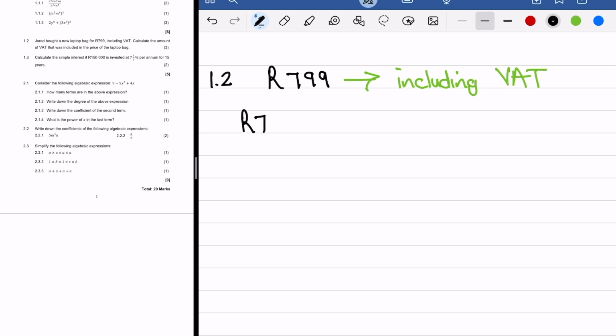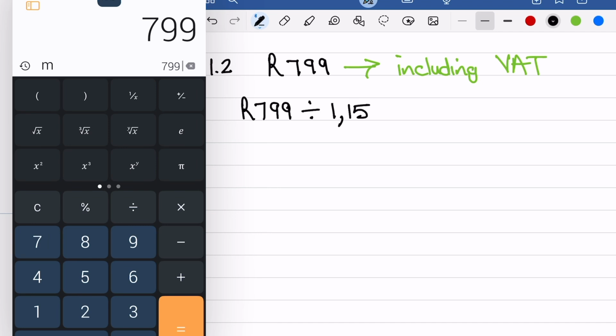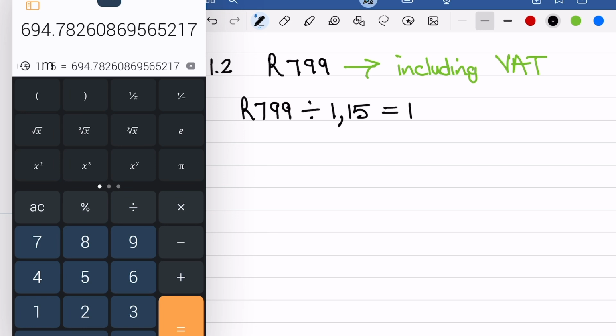So let's take 799. Okay, so 799 divided by 1,15 gives us 694 Rand and 78 cents.